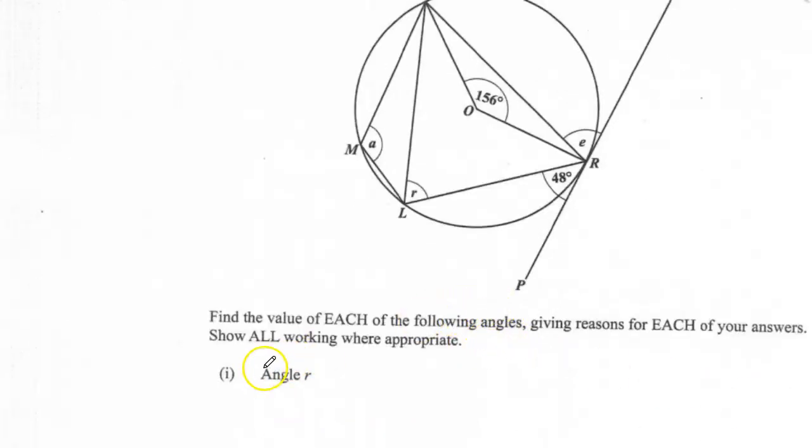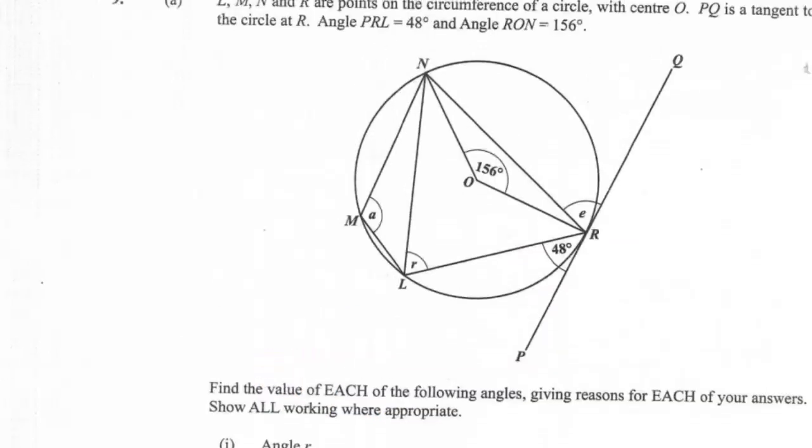So find the angle R. Now angle R is this angle, and we know that angle subtended by the chord RN at the center is 156.